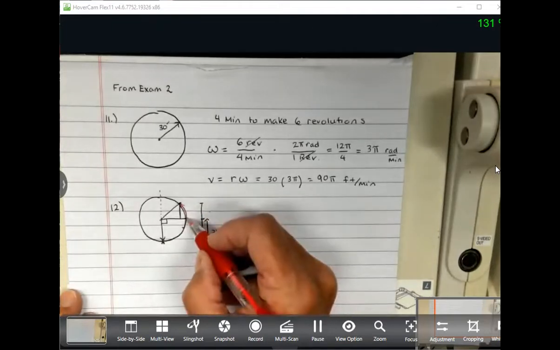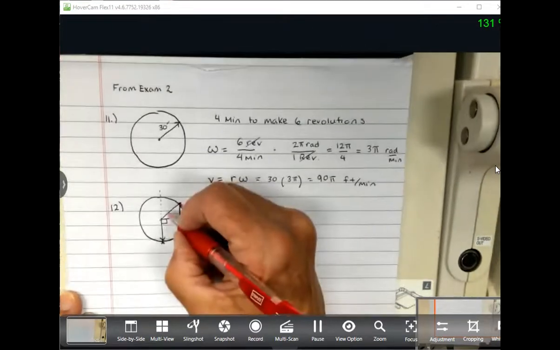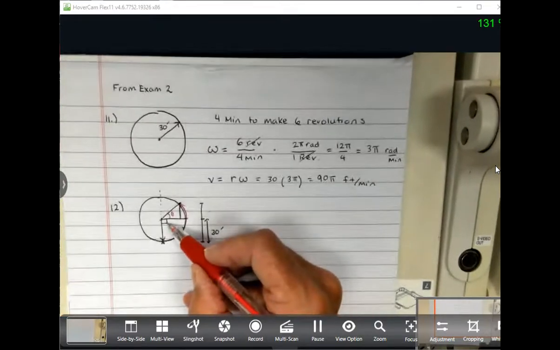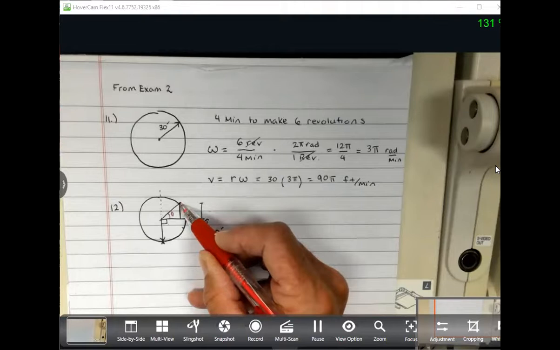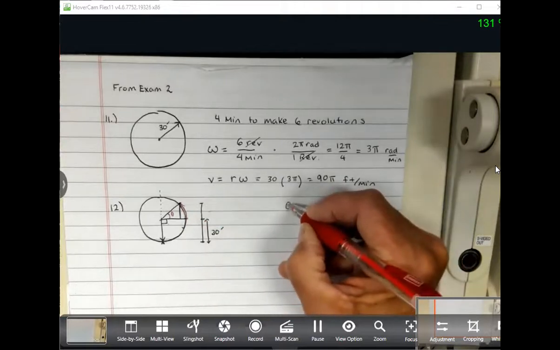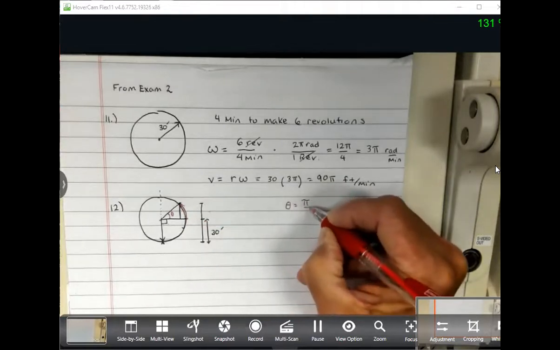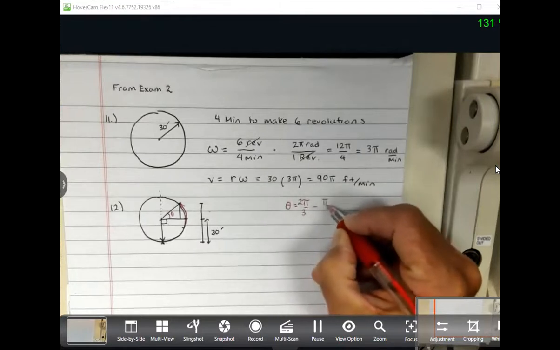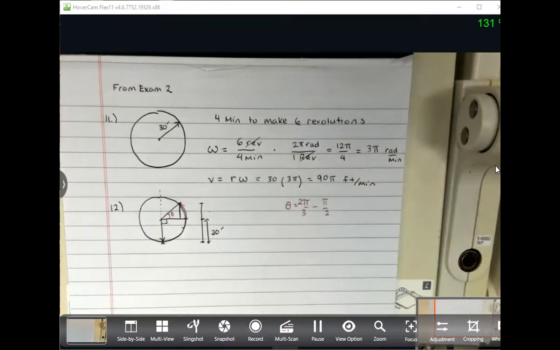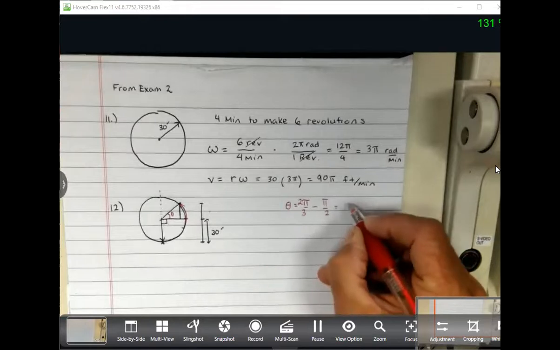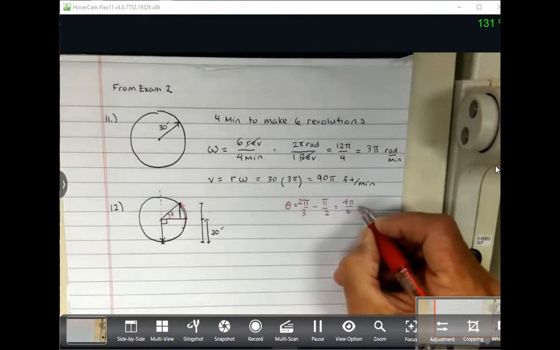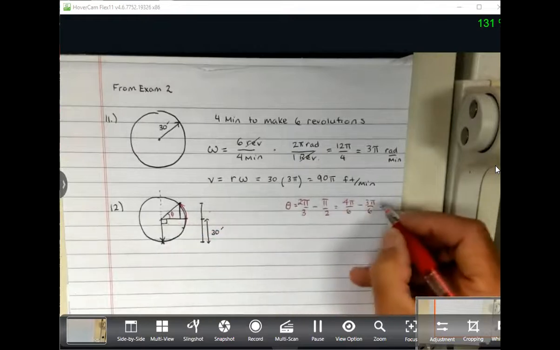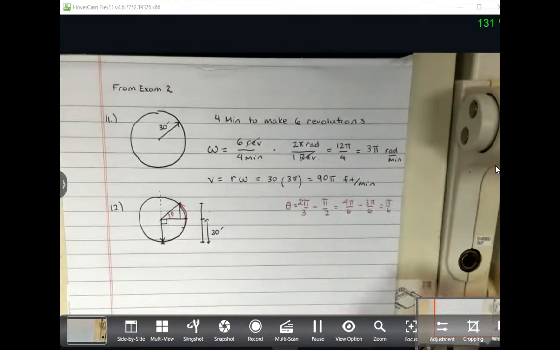But halfway is pi over 2. So this angle in here would be the difference between the pi over 2 and the 2 pi over 3. So that angle theta is 2 pi over 3 minus pi over 2. If I get a common denominator of 6, I have 4 pi over 6 minus 3 pi over 6. So that interior angle in that right triangle is pi over 6.